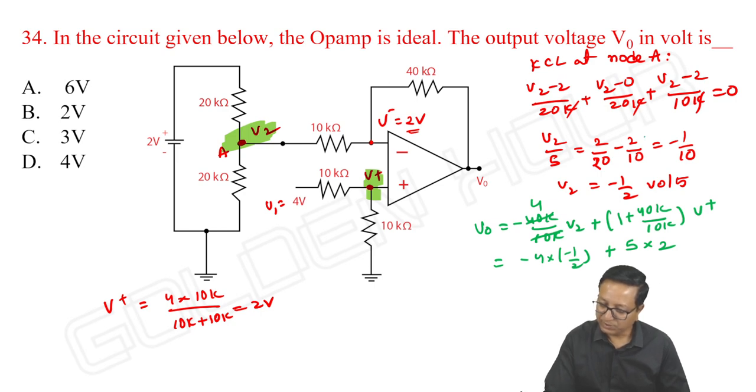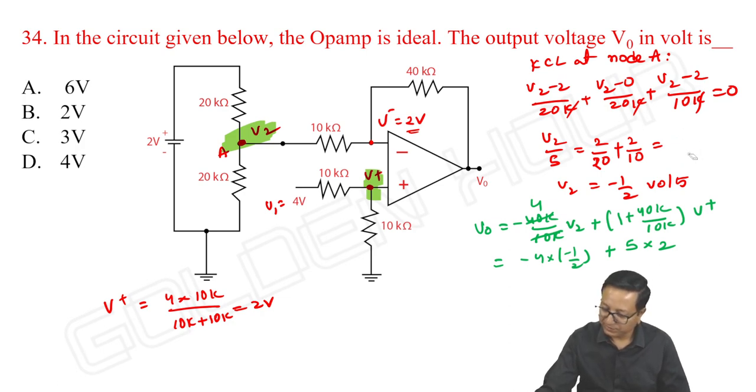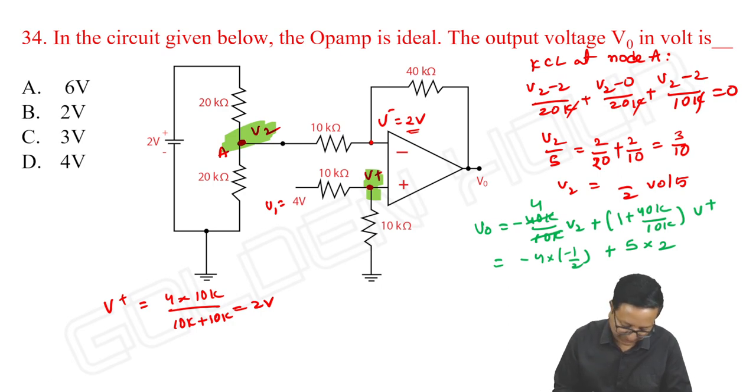Oh, sorry. Here we should add this 2. 2 by 20 plus 2 by 10. Sorry. So it is 6 by 20. 6 by 20 means 3 by 10. So V2 is a plus 1.5 volt, 3 by 2.